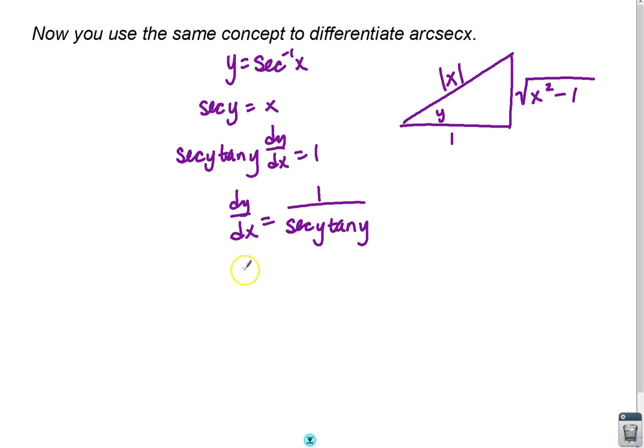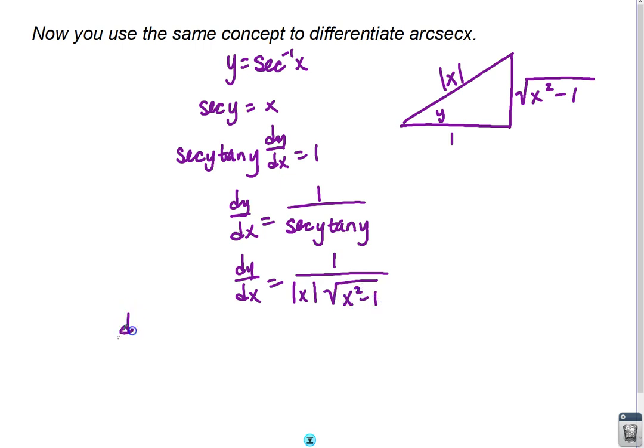Okay, so then dy dx is equal to 1 over, remember secant is hypotenuse over adjacent. So hypotenuse over adjacent, so just absolute value of x. And then tangent is opposite over adjacent, so square root of x squared minus 1.